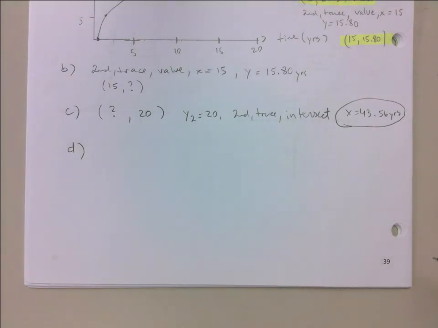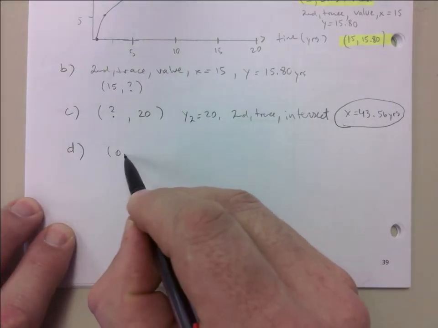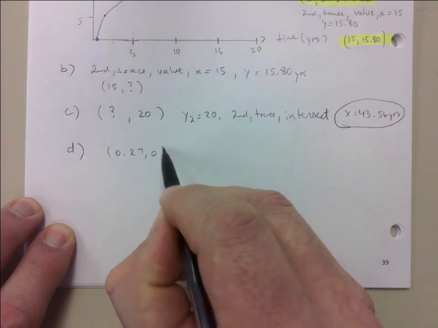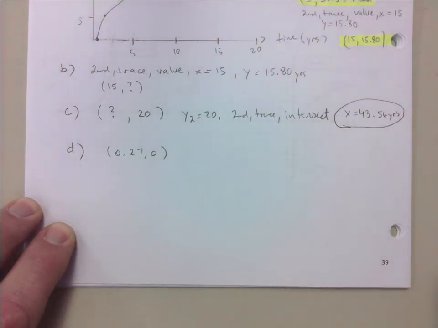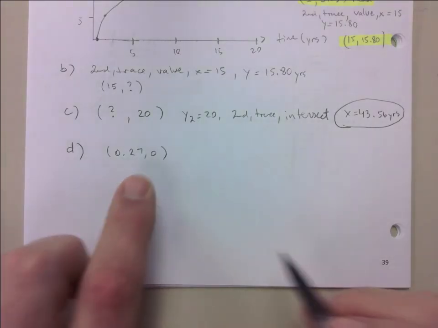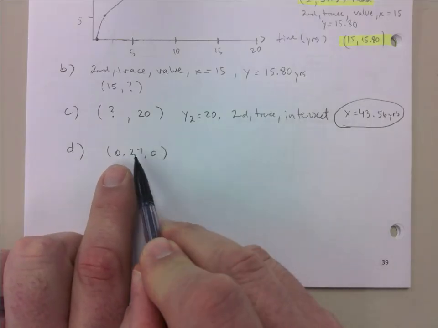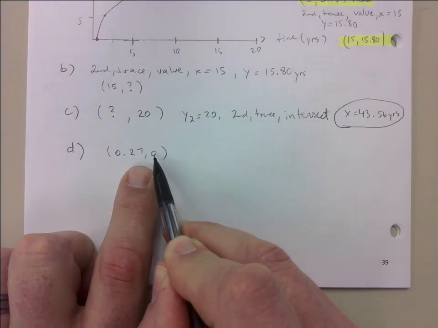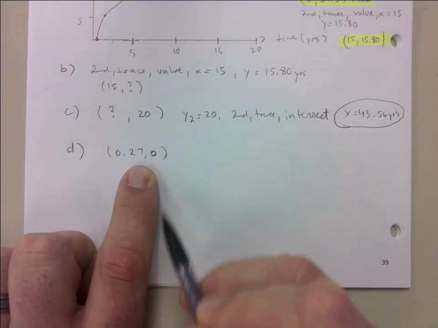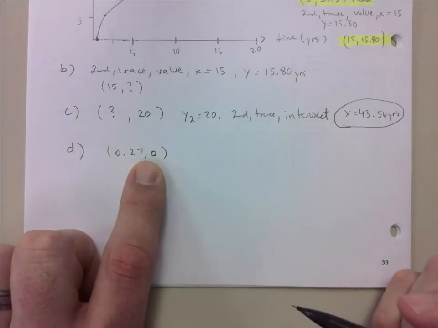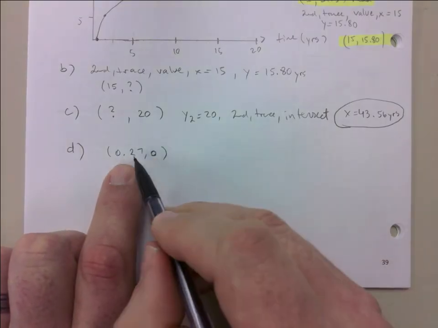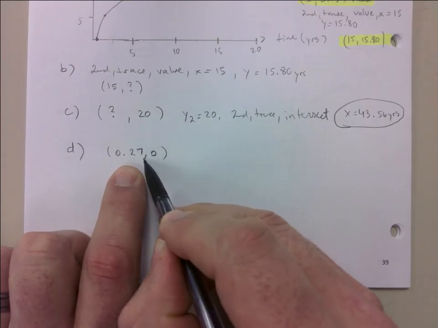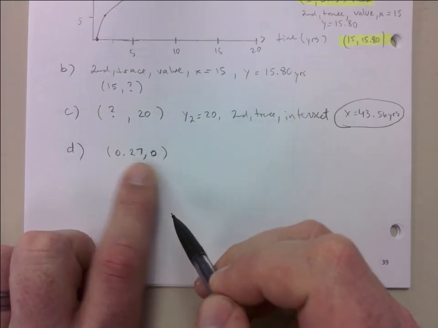Explain the meaning of the x-intercept. The x-intercept is 0.270. What does that mean? Try to think of it this way. This is time, and this is the diameter of the tree. So a little bit of time goes by, and it's at 0, like what's happening?